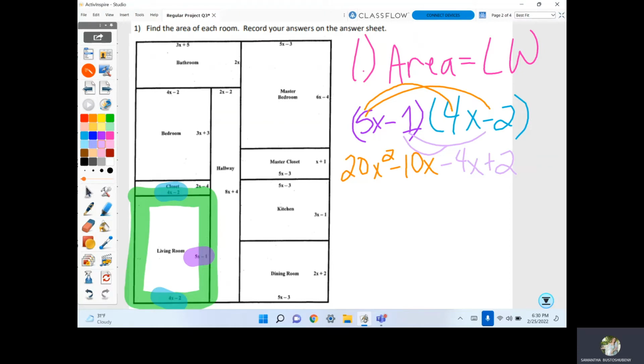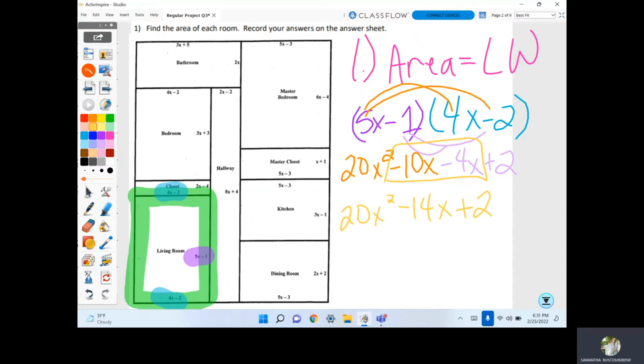Now, when you FOIL it out, you will end up with 4 distinct terms. Now, you need to stop and identify any like terms. These two here in the middle can be combined. So now I've got 20x squared minus 14x plus 2.